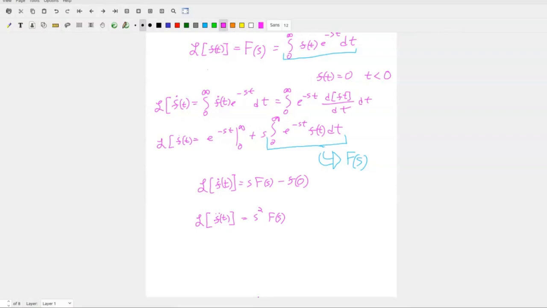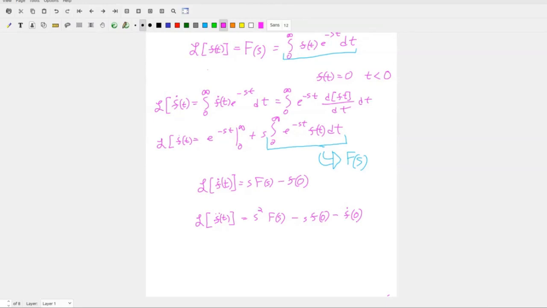So that's my s variable squared times my forcing function in the s domain, minus s times f naught, and that's what will end up being my initial conditions, minus f dot naught, so my more initial conditions.